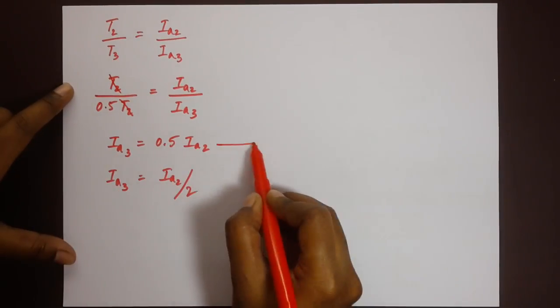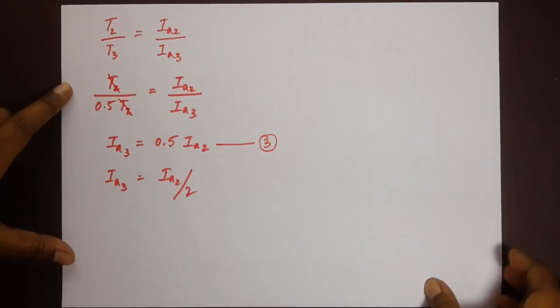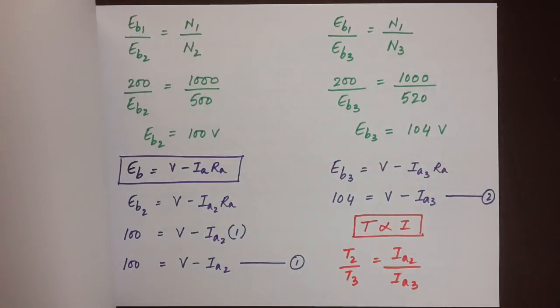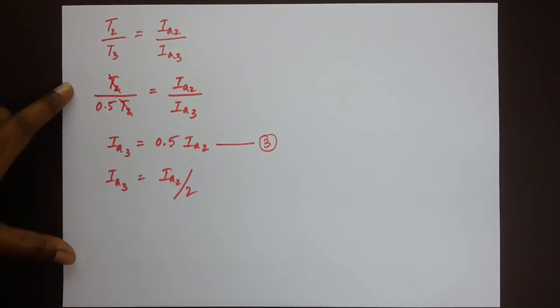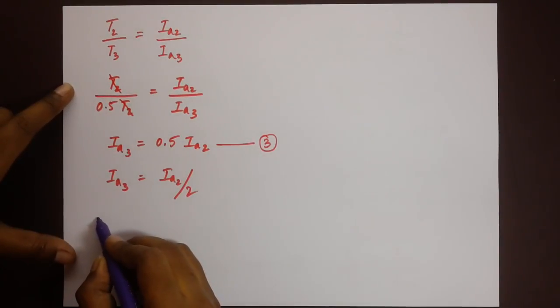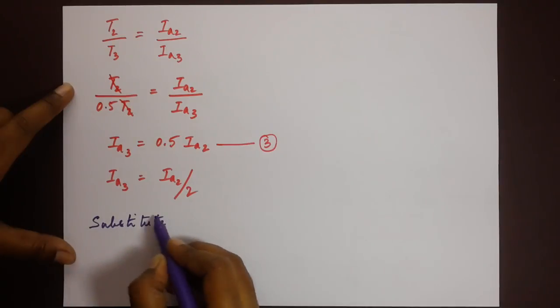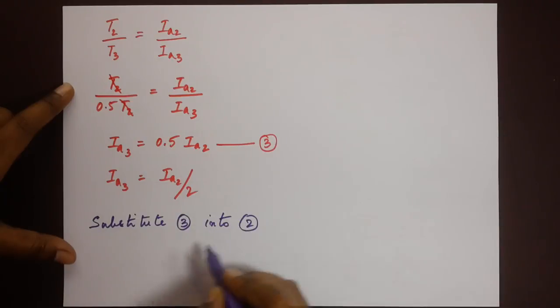So let's substitute this, I'll call this equation 3, into our second equation from earlier. So we had 104 is equal to V minus IA3. So let's substitute IA3 there. So we substitute 3 into 2.